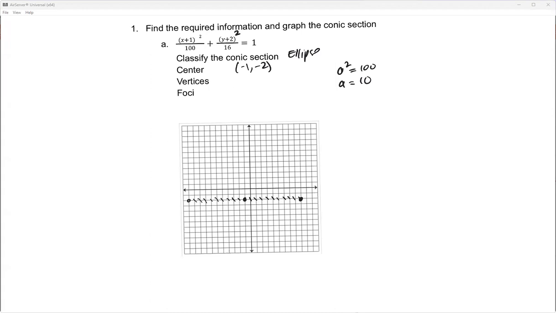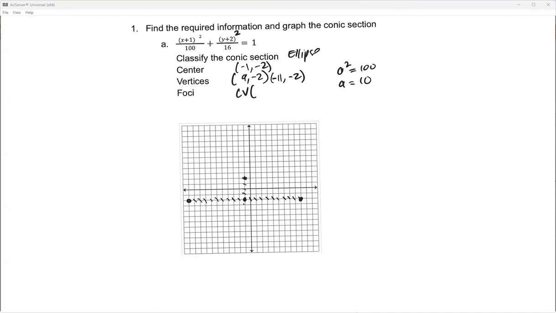Okay, so our vertices are what? 9, comma, -2. And then I think it's 11, comma, -2. -11, comma, -2. Are we in agreement with that? Are we good? And then our co-vertices are up and down 4. 1, 2, 3, 4.